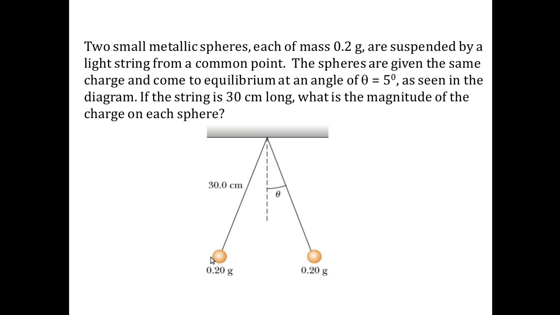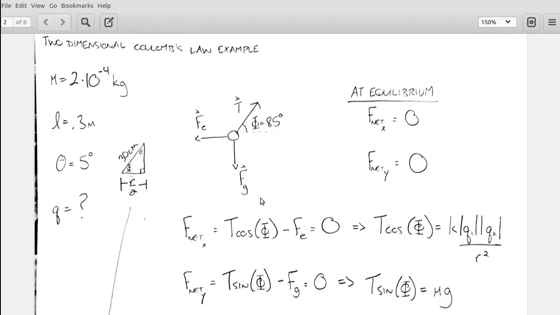So that means they're like charges, so they are exerting repulsive forces on each other. This charge is pushing this one away, this one is pushing this charge away. So I know the electric force, it's repulsive, so it's in the negative x direction. The whole system is at equilibrium, so the net force in the x direction is 0, and the net force in the y direction is 0.